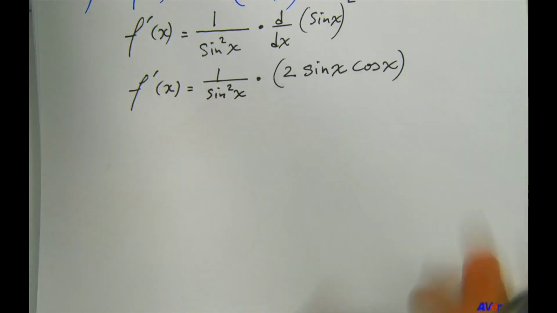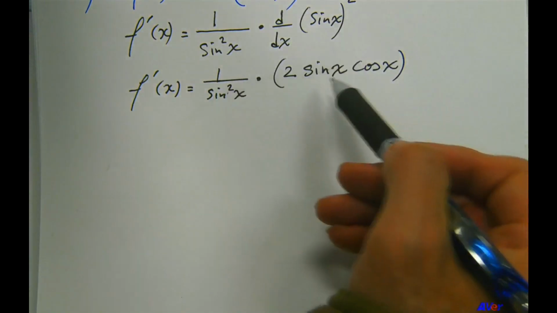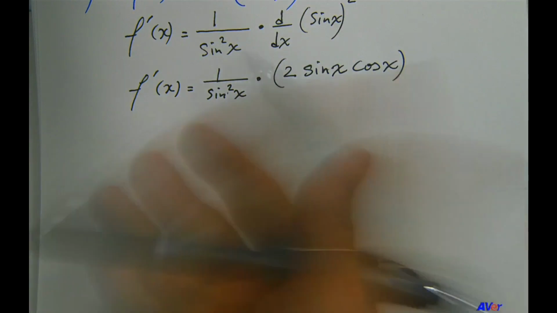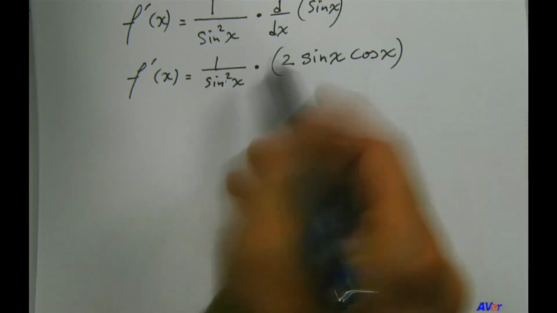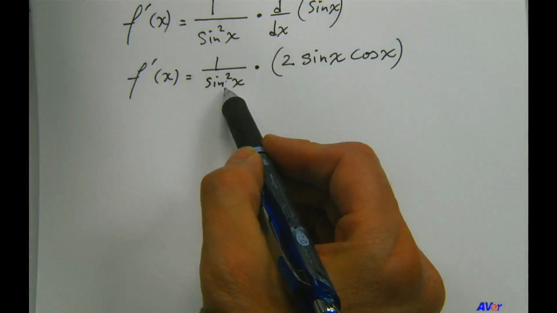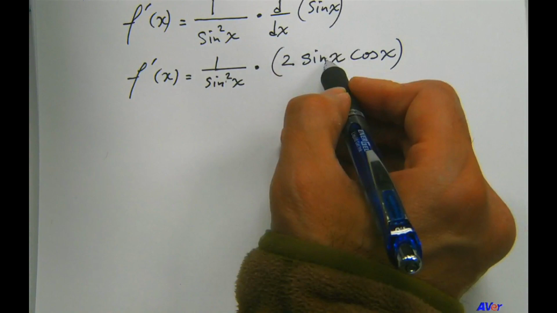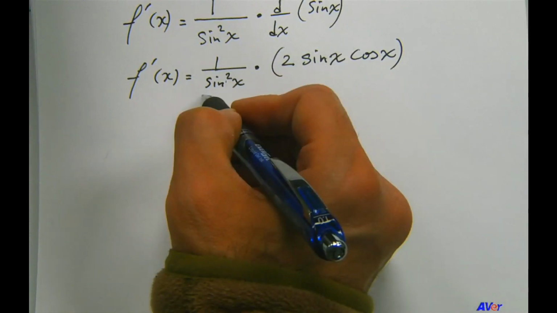Can we leave it like this? No, please don't do that, because we can simplify this, right? If you left it like this, it's not inaccurate, but the derivative is not complete because we haven't simplified. So let's simplify, because we have a sine squared x here and a sine x here. So this cancels out with 1 of that.